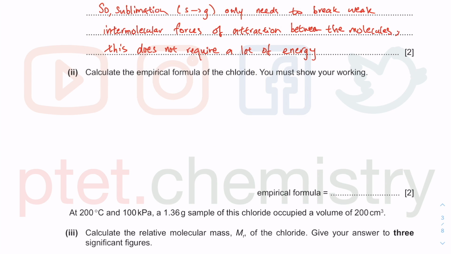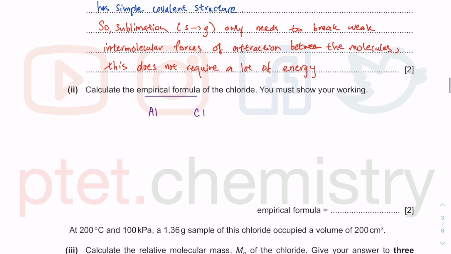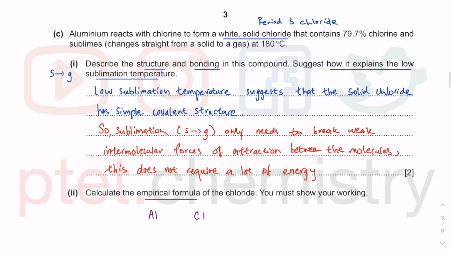The next question, calculate the empirical formula. So this is defined as the simplest whole number ratio of atoms. Straight away from your O-level or GCSE or IGCSE level chemistry, we have 79.7% of chlorine.